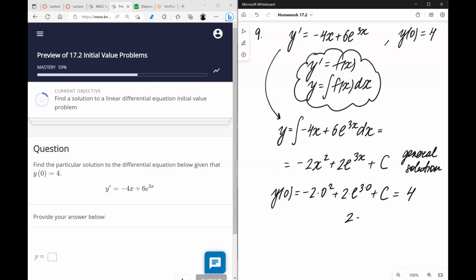So that means 2 plus c equals 4. That means c is 2. And that means y equals negative 2x squared plus 2e to the power 3x plus 2 is my particular solution.